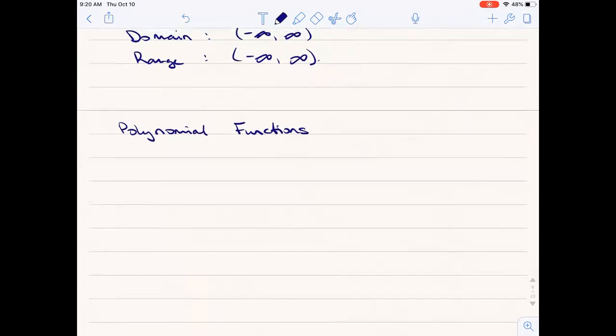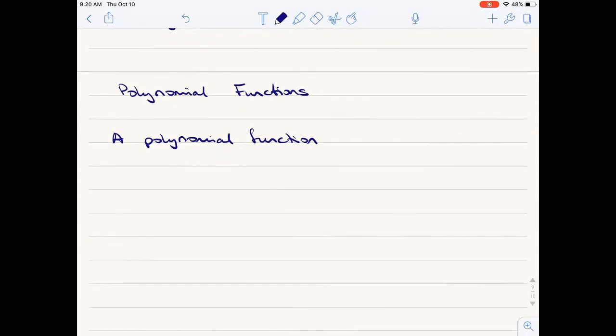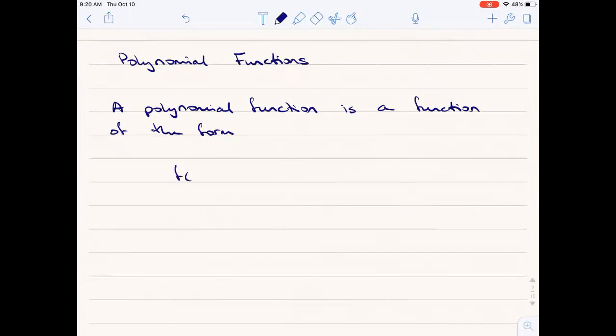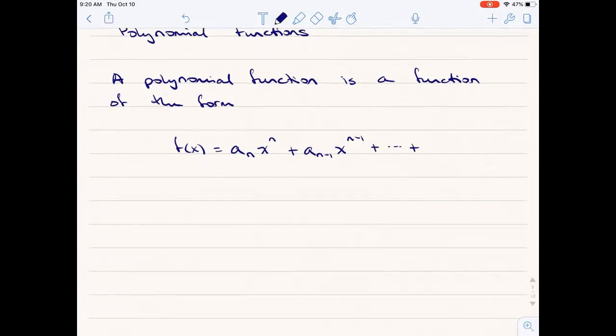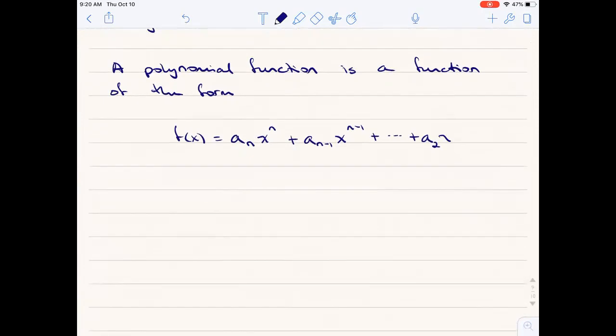Polynomial functions. Woohoo. A polynomial function is a function of the form f(x) = a_n x^n + a_(n-1) x^(n-1) + all the way through to a_2 x^2 + a_1 x + a_0. All those a's are just denoting the coefficients, right?